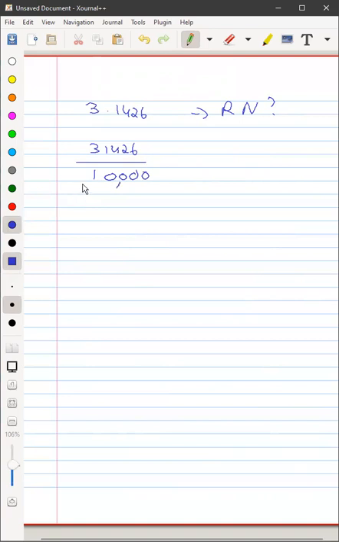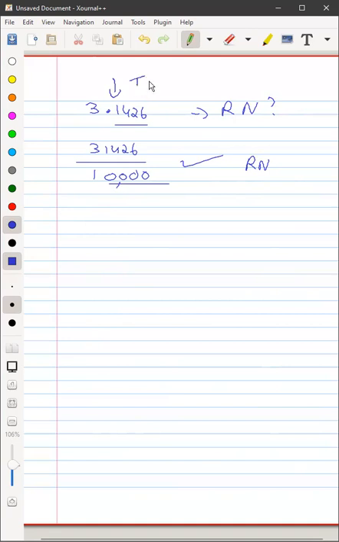How many decimals are there? 4. So there will be 4 zeros. It's as simple as that. Don't get confused. Just count the number of decimal places and put the same number of zeros. So this is a rational number. Clear about this? What kind of expression was this? Terminating, non-terminating?